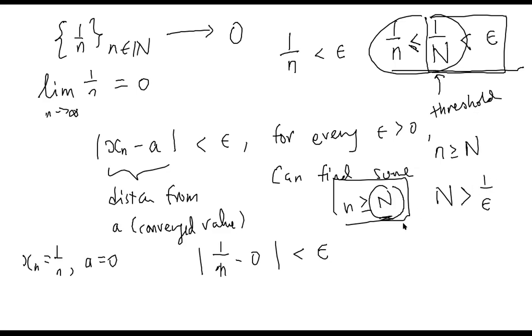Which means if you pick epsilon equal to 0.01, then your n has to be some value greater than 100. So if your n is equal to maybe 101, then it would have been less than epsilon.